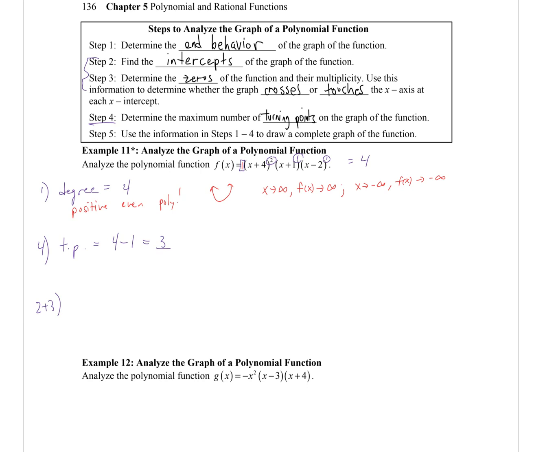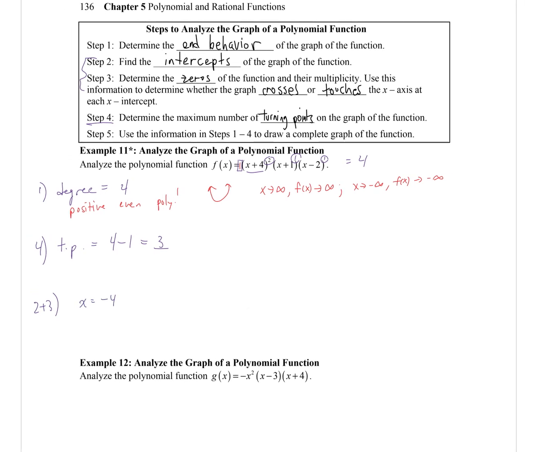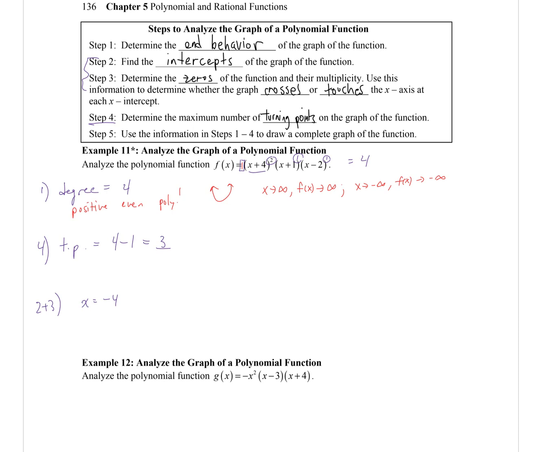So for the first factor, x plus 4, the solution is negative 4, because negative 4 plus 4 is 0. The multiplicity of this factor is 2, which makes it an even multiplicity, which implies it's going to touch the x-axis at that point. The next factor, x plus 1, has a solution of negative 1.